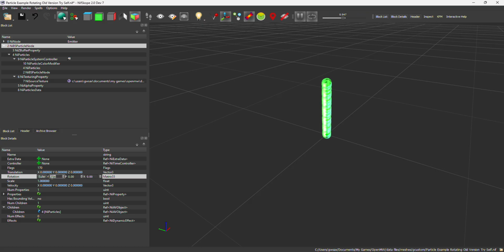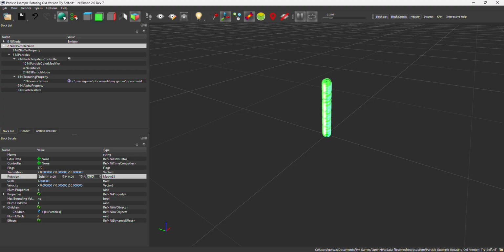YPR for Euler, and that's just the yaw, pitch, and roll or rotate. And the rotate is going to be along the center axis of wherever the direction that your node is facing. So here it's straight through the middle of all these particles. So even if we put in 90, it doesn't matter.